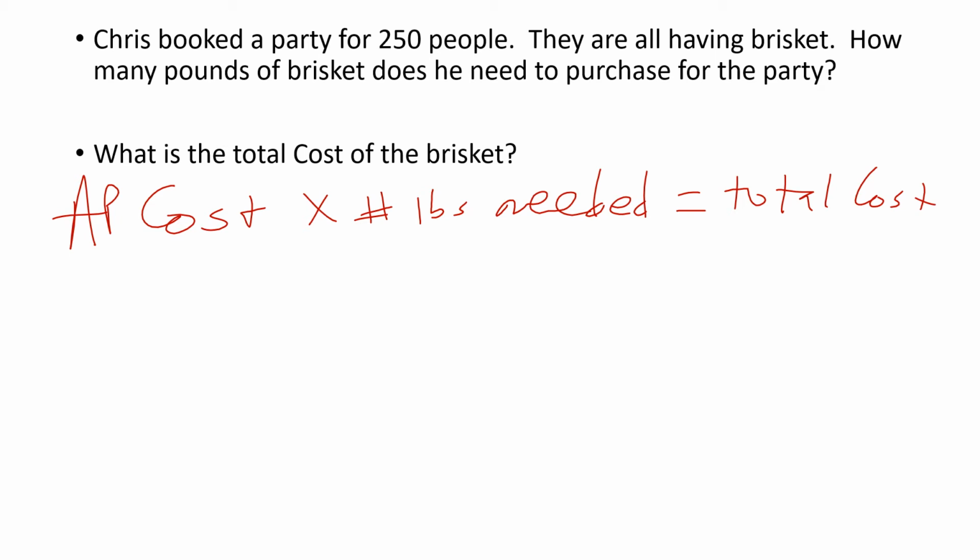Okay. So in numerical form, what is our as purchased cost per pound? $4.95 per pound.